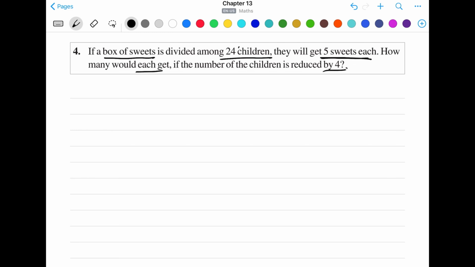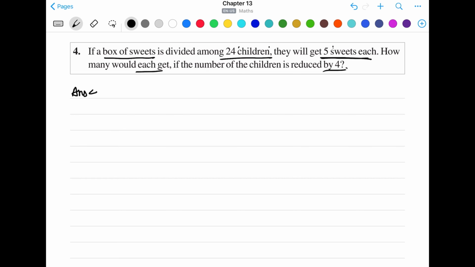Earlier we had 24 children, and we are reducing by 4, so when we have 20 children, how many sweets will each get? As you can clearly understand, this is the case of inverse proportion, because as the number of children increases, the number of sweets each will get decreases, and if the number of children decreases, the number of sweets each will get increases.